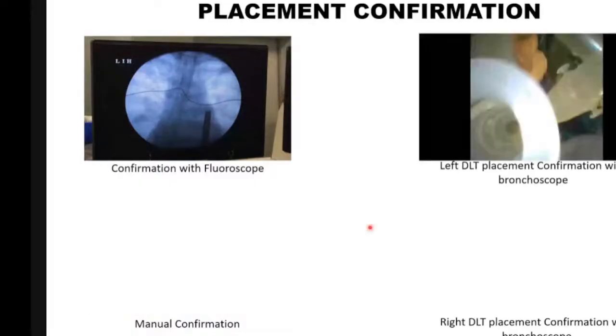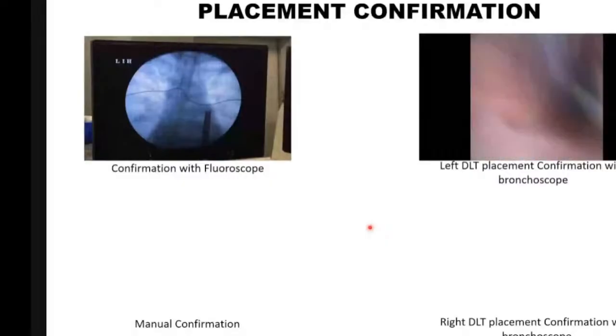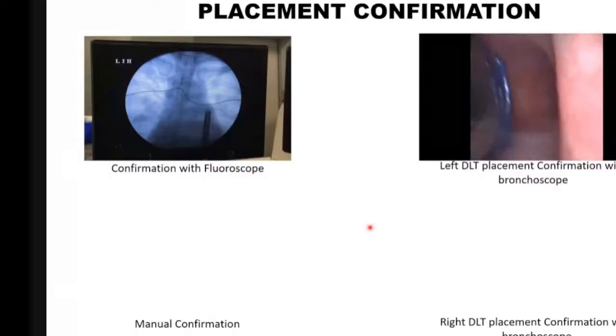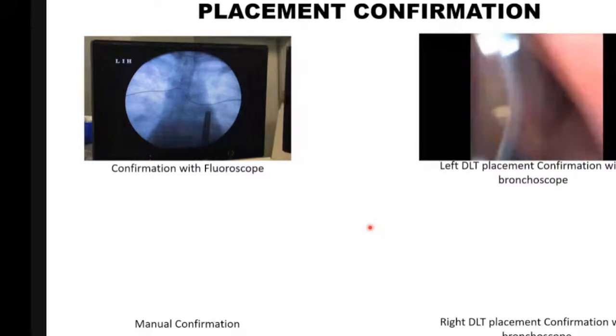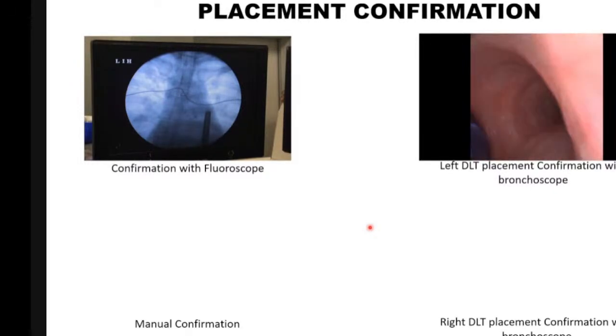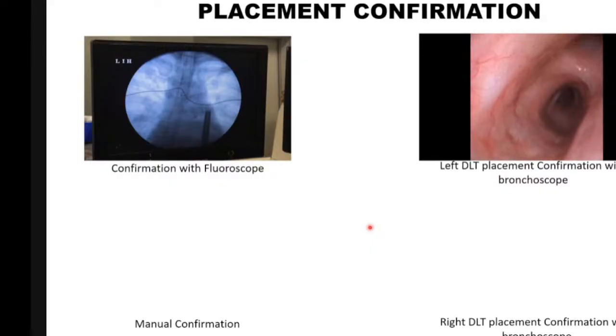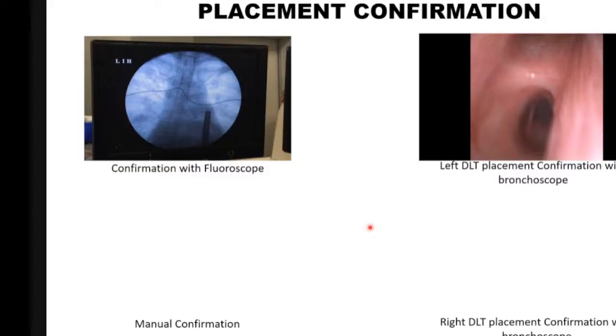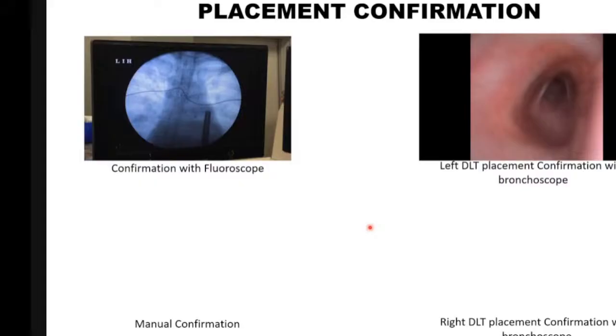In left-sided placement, we put the bronchoscope through the tracheal lumen, and then after reaching the carina, rotate the tube 90 degrees to the right or clockwise, and we can see the tube placed on the left, and we are reaching on the right side, and then we can see the 3 apertures separated by the right main carina, right upper, and the middle and lower lobe bronchus. Place the tube further, slightly.